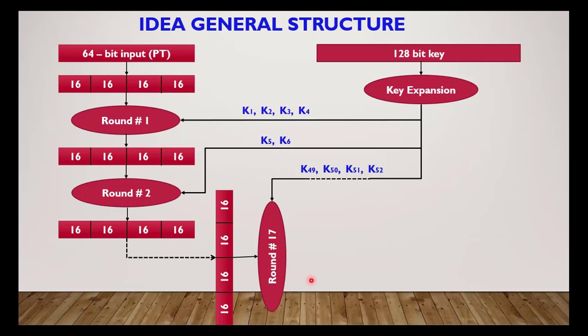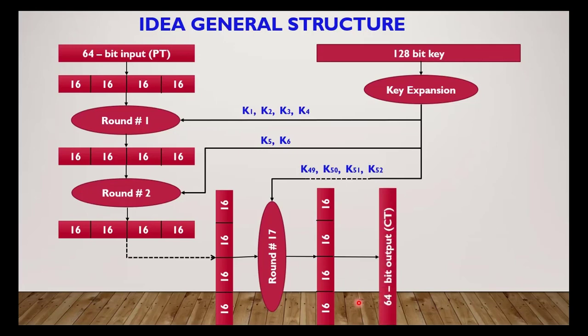After performing some operations in round 17, there will be an output in the form of 4 blocks, each 16-bit, and then these 4 blocks are concatenated to get a single 64-bit output ciphertext block, and this is what you call your final ciphertext block.